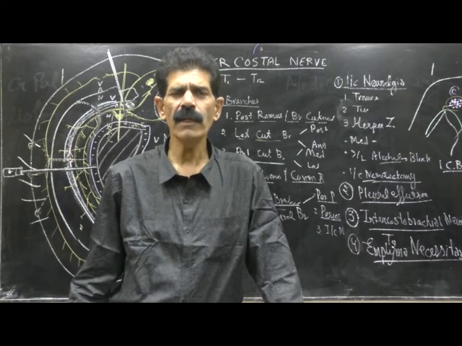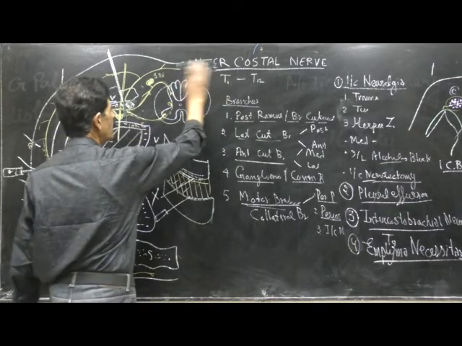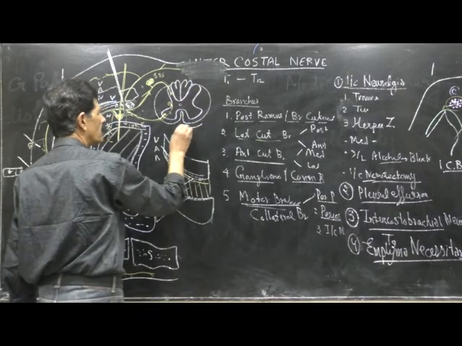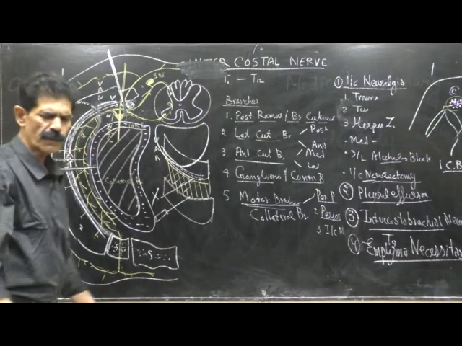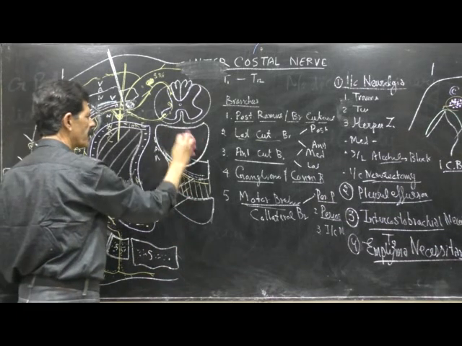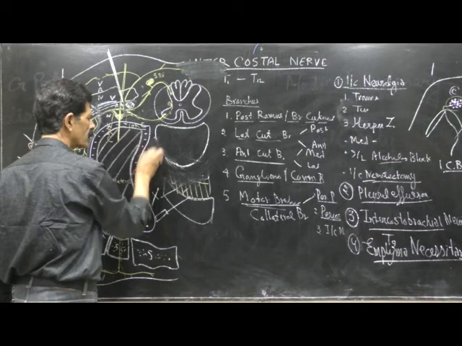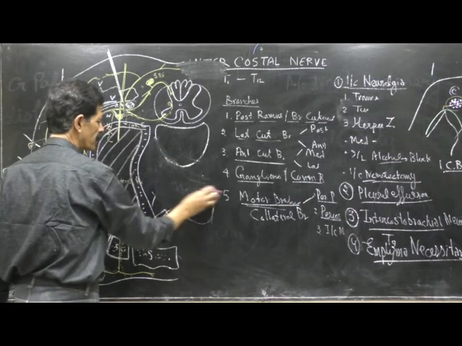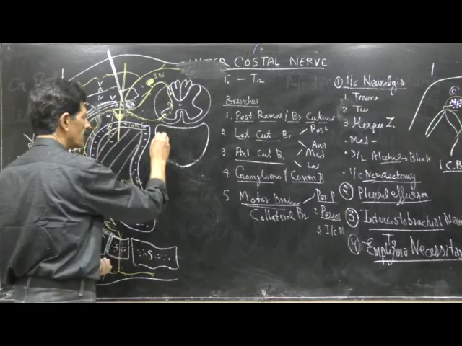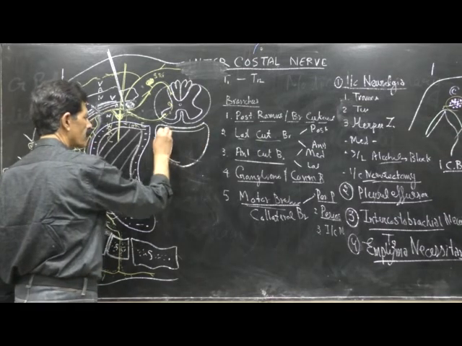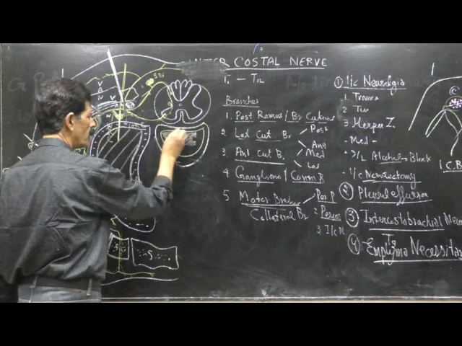So whenever a cold abscess is there in the body of the vertebra, the whole of the bone marrow of the body of the thoracic vertebra, most commonly in the lower thoracic, what happens? The bone marrow is replaced by the cold abscess, the cold abscess of the tuberculosis.